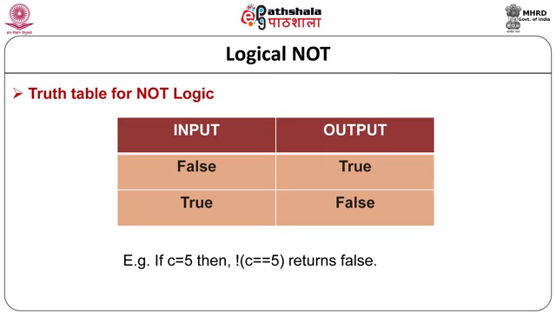Here is a simple example in terms of an expression. If C is 5, then not C double equal to 5 returns false. When the input is true, the output becomes false, and when the input is false, the output becomes true. Therefore here the result is false.